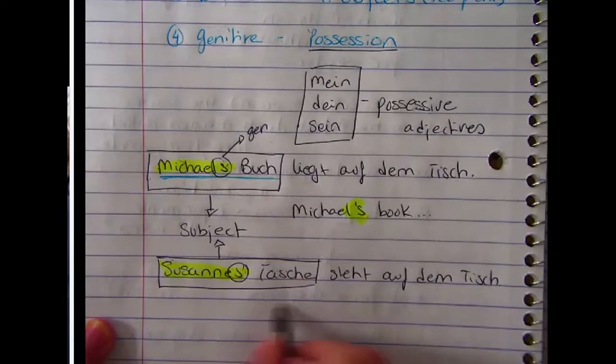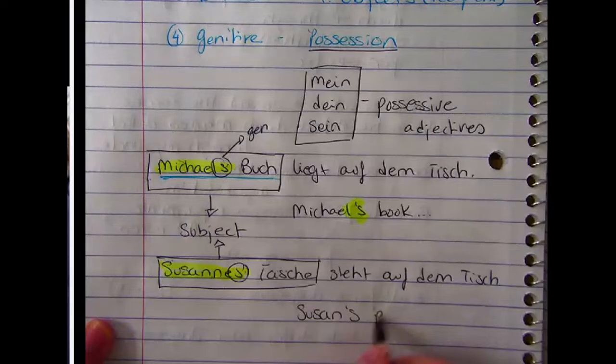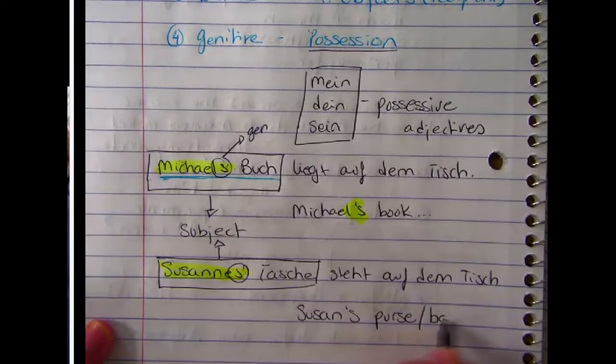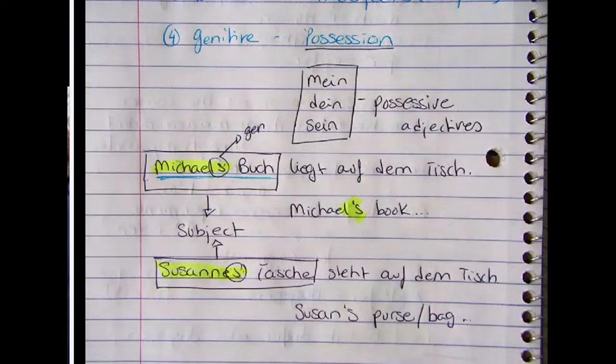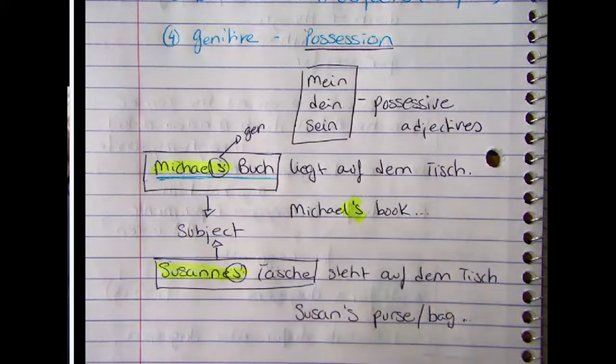Okay, so Susan's purse or bag. Okay, so with names it's super easy. It looks almost identical to the English. It gets a little bit funkier if you're using something other than a name. This only works for names.